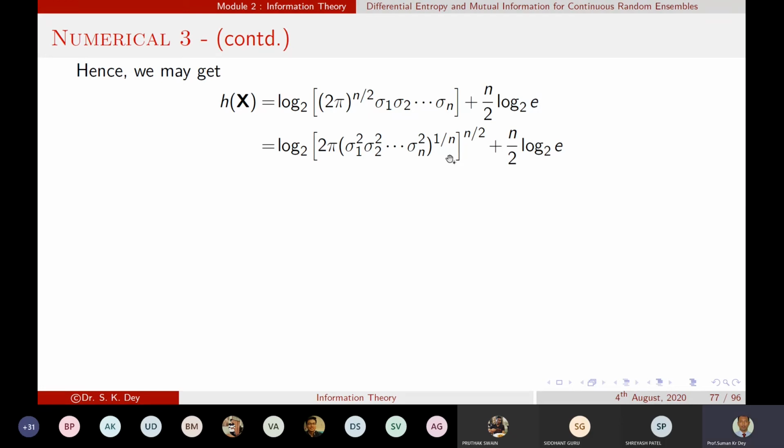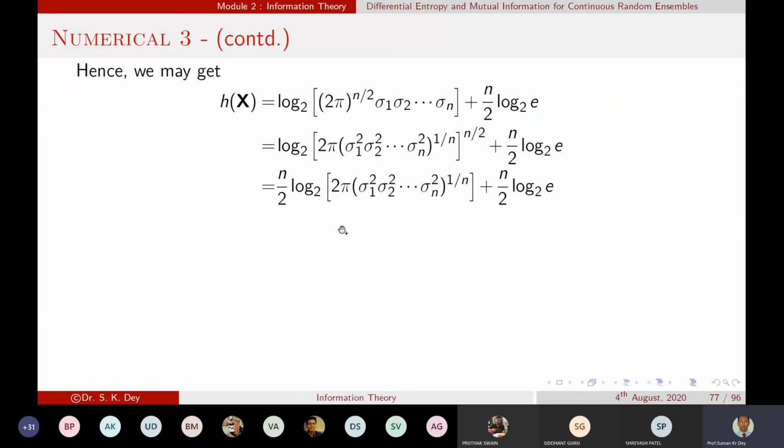Yes or no? So now if we simplify that expression, how can we write it? Simplify means we can take this n by 2 before the log 2 base e. So this expression will be n by 2 log 2 base 2 pi this term plus n by 2 log 2 base e.